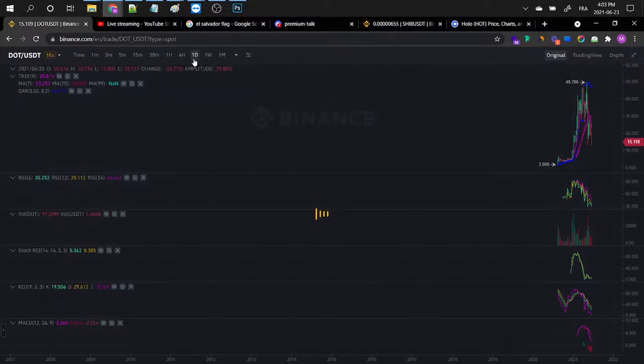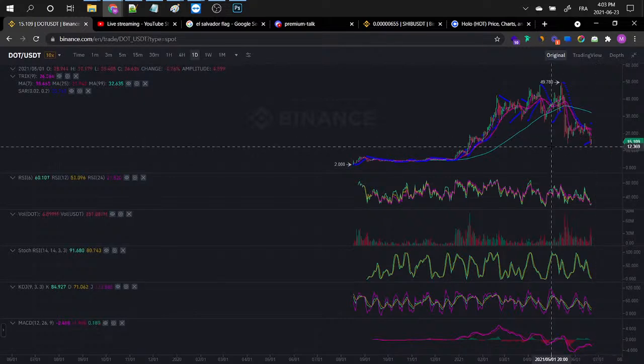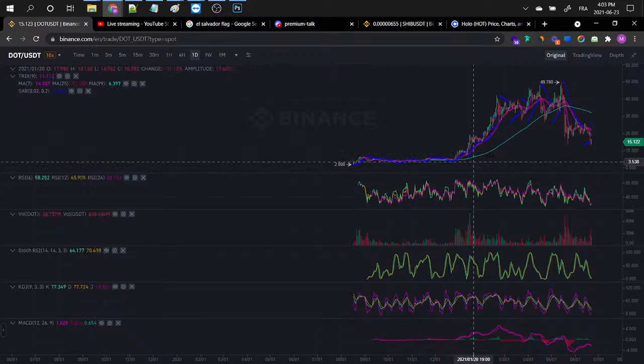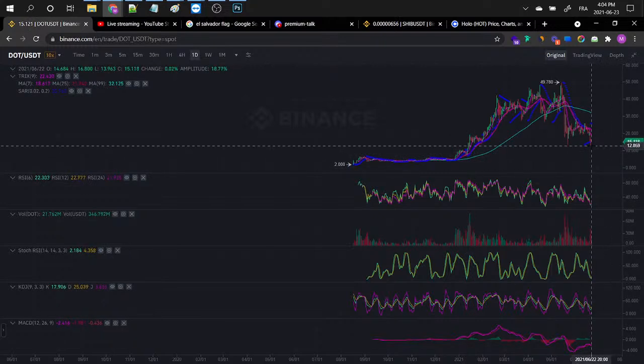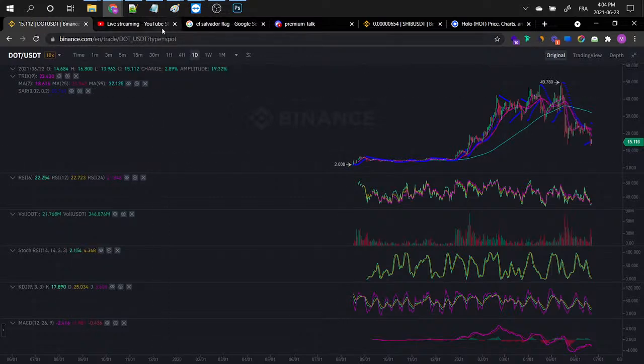Unfortunately, it's probably gonna bounce also, but it already bounced all the way from like 13 to 15. So it had itself like a 15% increase, which means that most of the gains are already collected.